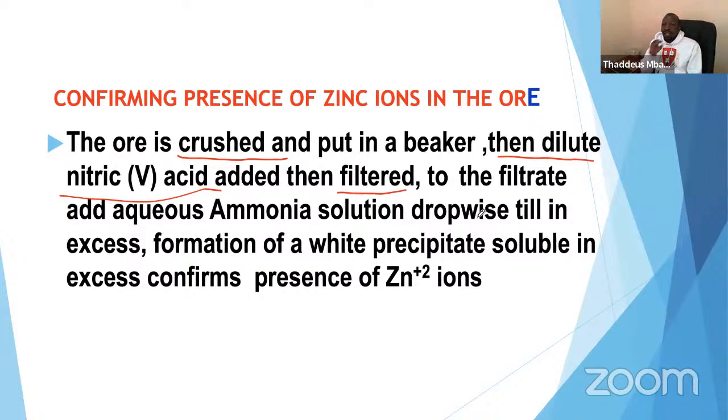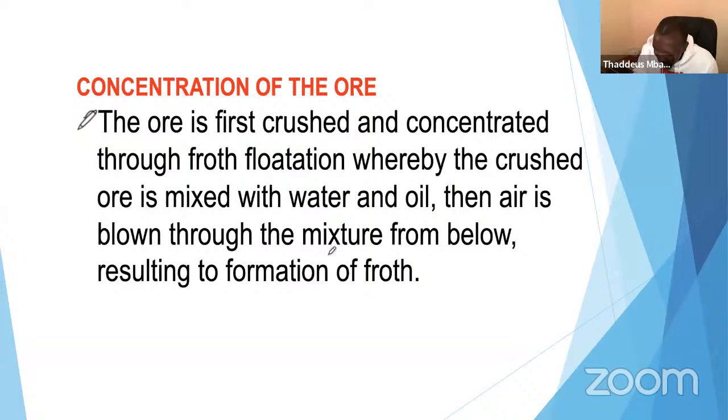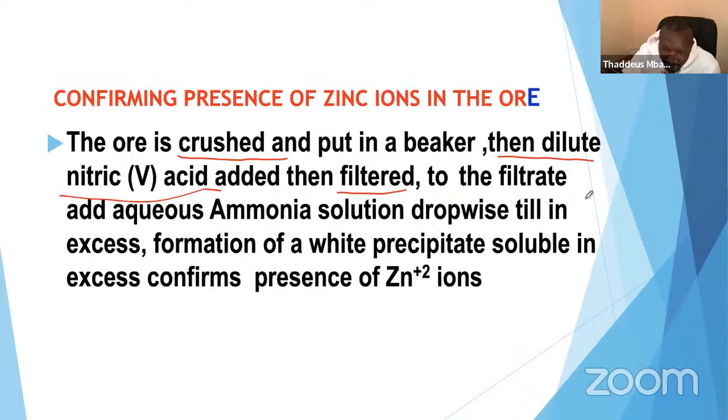Crush the ore, add dilute nitric acid, filter. That will always be the first thing. Filtrate, add aqueous ammonia to the solution, drop by drop until in excess. Formation of a white precipitate that is soluble in excess confirms presence of zinc ions. That's the only cation that behaves like that.